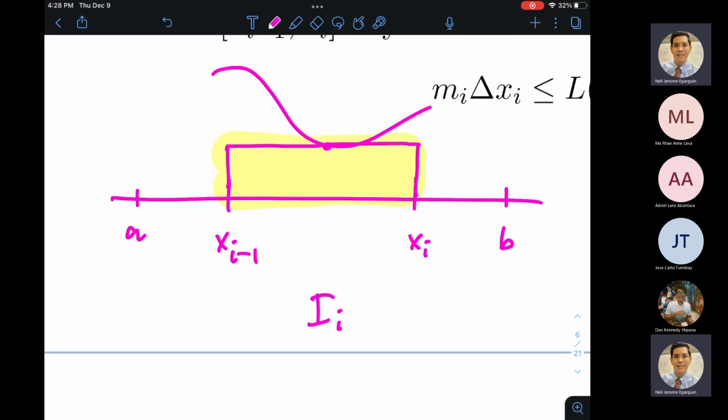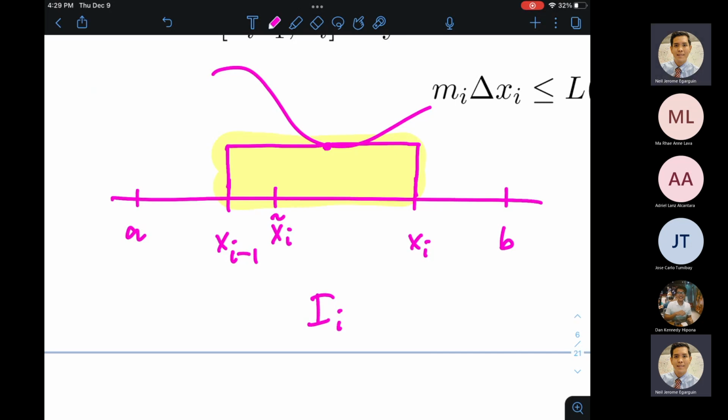Now, what happens if I introduce another element of a refinement or a refined partition inducer for the interval AB? Kunwari, nag-introduce ako dito ng isa pang element ng partition inducer. Halimbawa, nadagdag ito, si x tilde I. Okay?